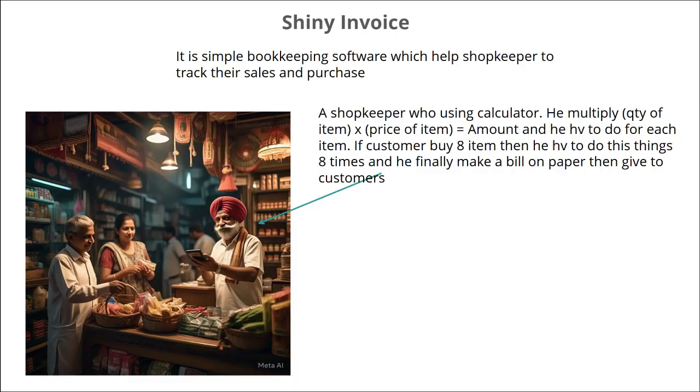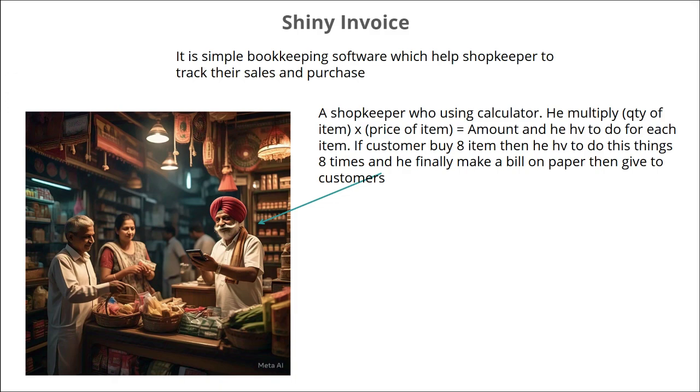He takes a calculator and starts typing, because he wants to multiply the quantity of an item and the price of an item, and get the total amount, and after that the customer will pay him.